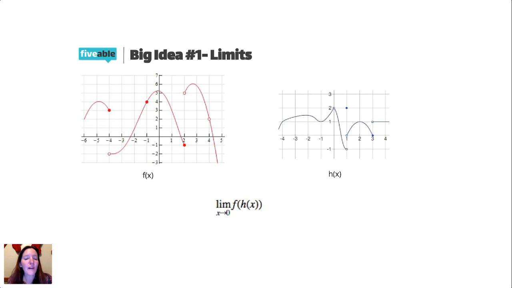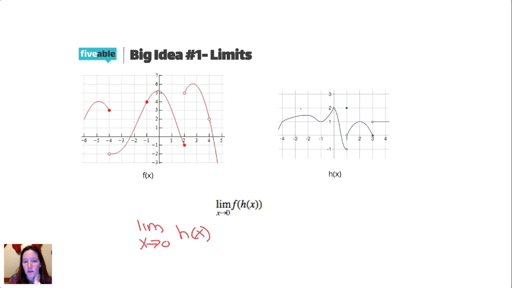Normally when we find a limit, we look at a graph. So if I was going to find the limit as x approaches 0 of h of x, that inside function, I would go to my graph and find what's happening as I come from the left and from the right of 0.